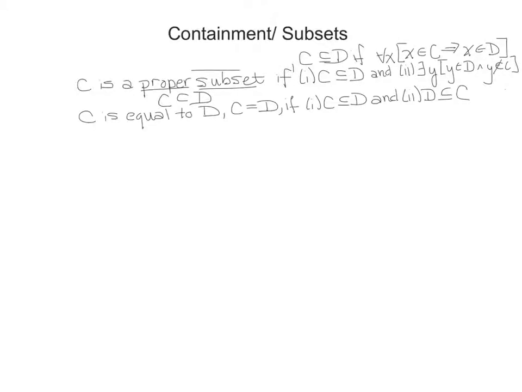And then last, we say C is equal to D, and we write C equals D, if 1, C is contained in D, and 2, D is contained in C. Now, in this definition is really the first time in class that you'll see this huge difference between engineers and mathematicians.